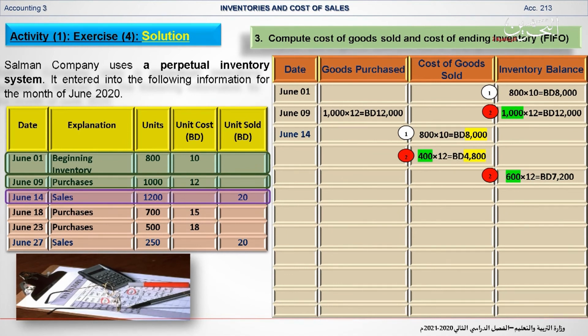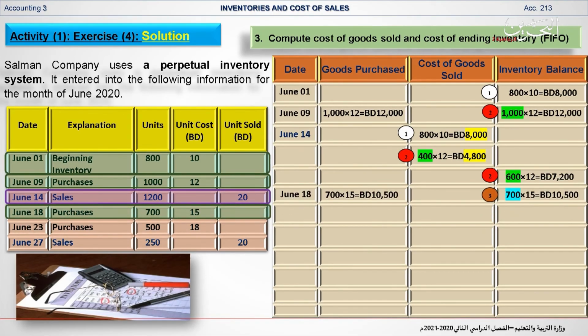We will continue calculating the cost of inventory and cost of goods sold for the remaining transactions, and step by step we will continuously or perpetually update the balance of inventory cost and cost of goods sold.